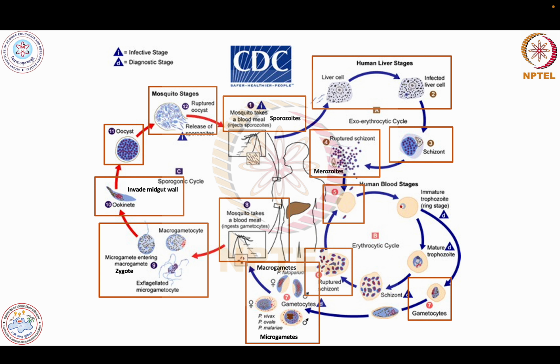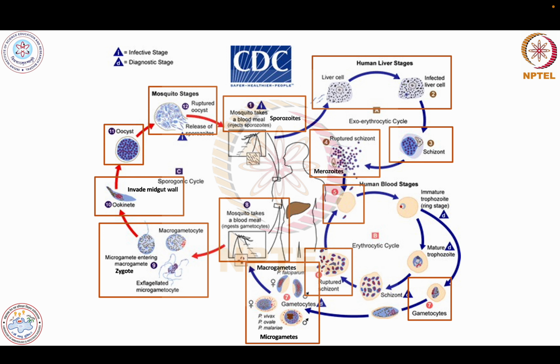So this is the infectious cycle of the disease malaria, or you can say the Plasmodium, from CDC. You can see a mosquito takes a blood meal from one infected person. So it injects sporozoites.